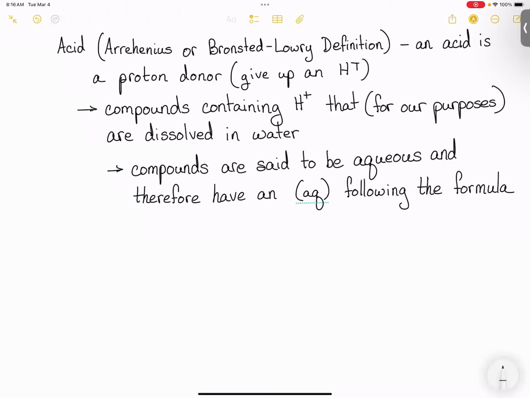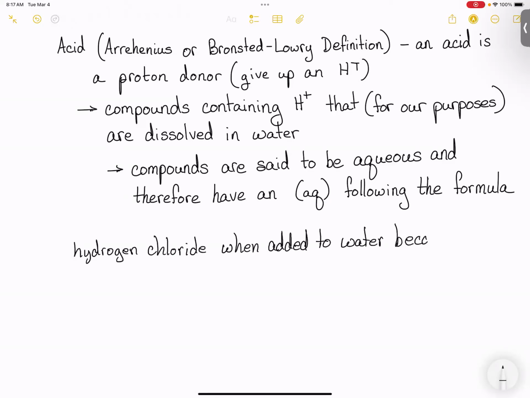One common example is hydrogen chloride. Hydrogen chloride, when added to water, becomes an acid.